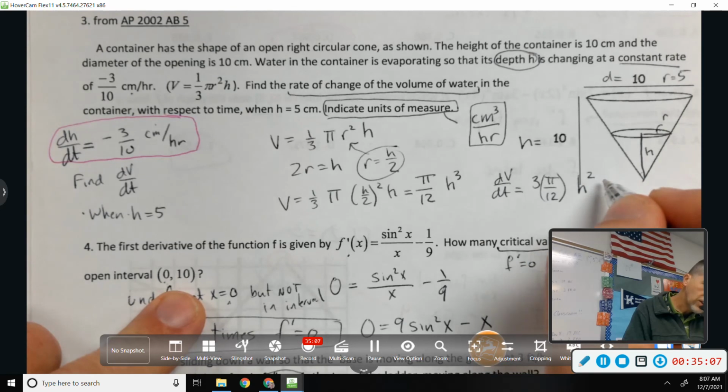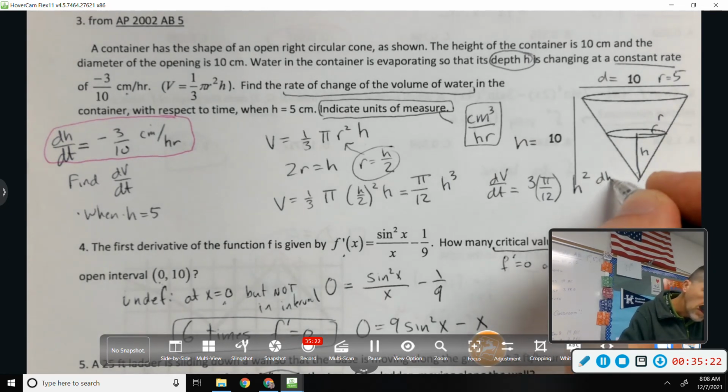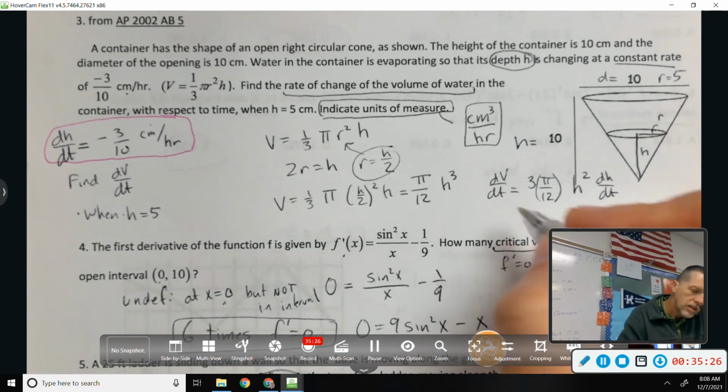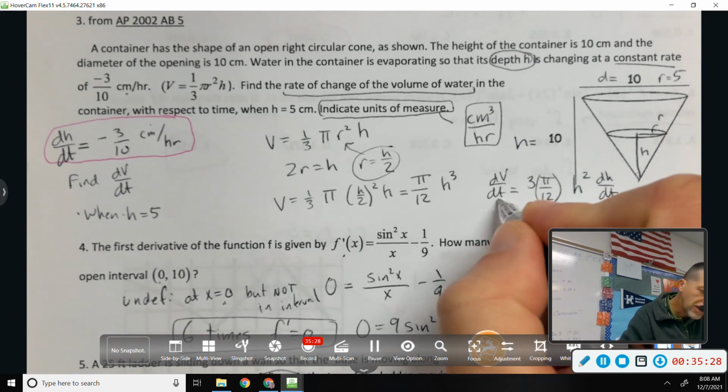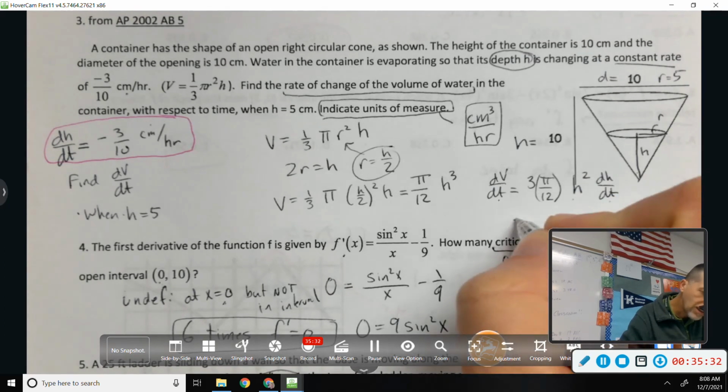Is that my final answer for dv dt? The answer is no. What am I missing? What did I leave off? dh dt. It's like a chain rule thing. So dh dt. And we're looking for dv dt. We know h. We know dh dt. So we're good here.